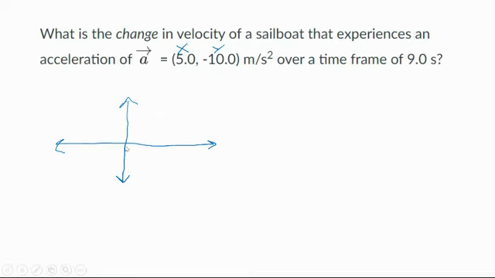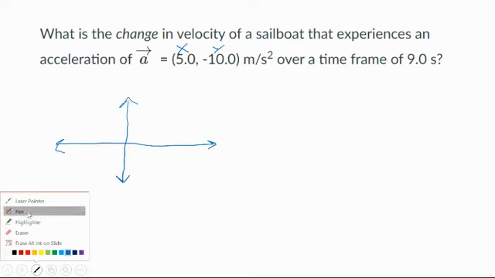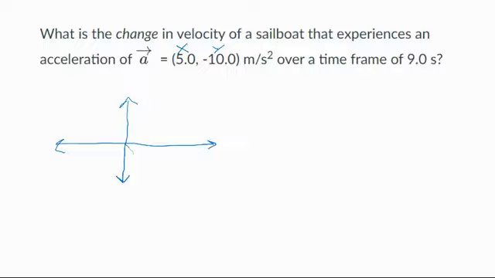So you kind of have this thing, it's not cooperating with me today. You kind of have this thing where this is our vector, okay? And the tip of the vector is at 5 comma negative 10.